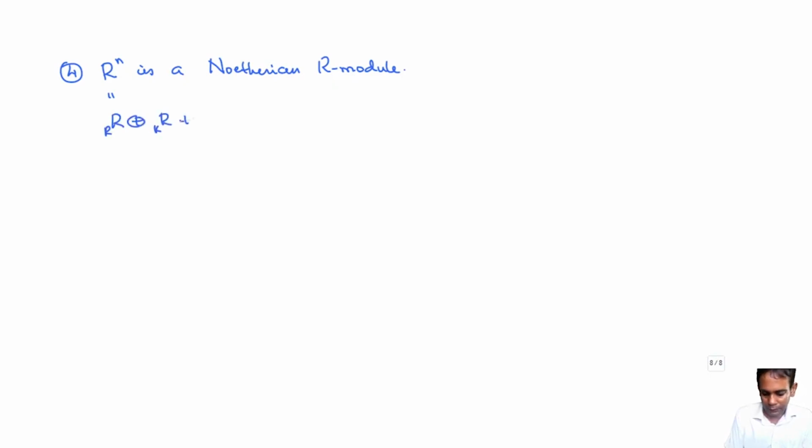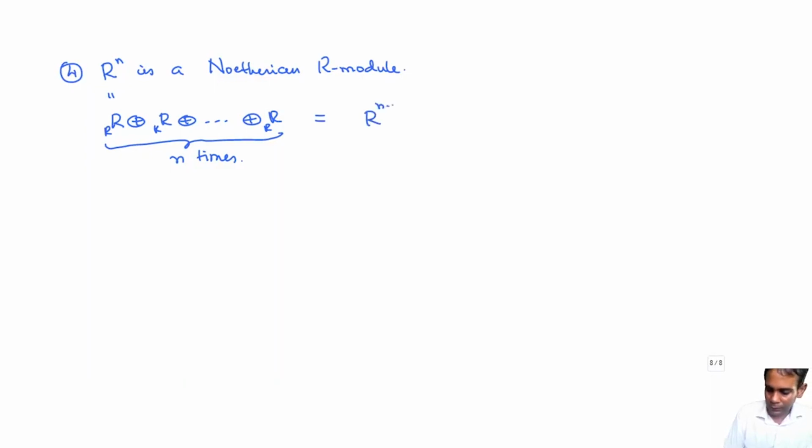Now I claim that R^n is a Noetherian R module. This is just R as an R module, direct sum R as an R module, direct sum R as an R module, taken n times. And why is this true? Well, you can prove it by induction on n.